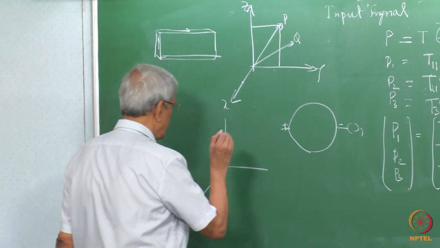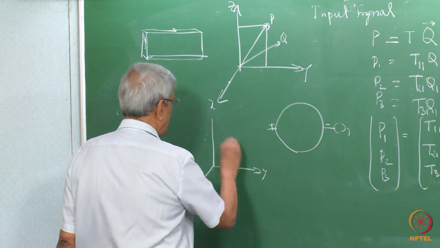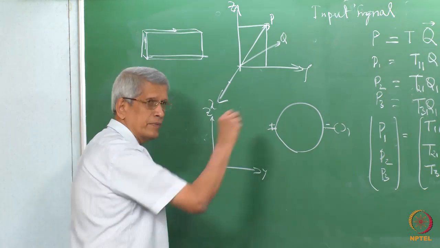If I try to plot this value, there are many options. What are the ways in which this can happen?